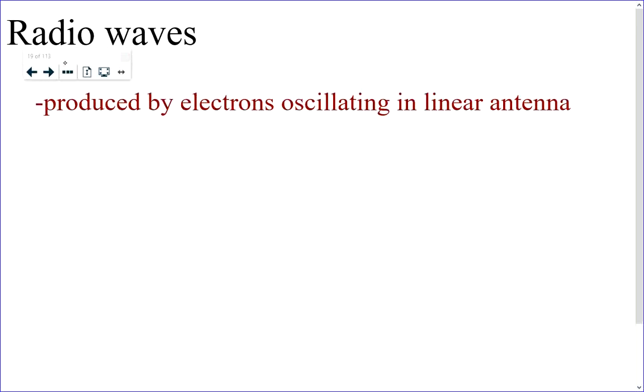All right, so we're going to start off with radio waves. How are radio waves produced? They are produced in a very specific way. In a linear antenna, a piece of metal, electrons are forced back and forth.